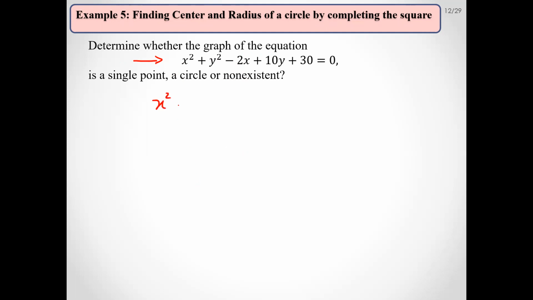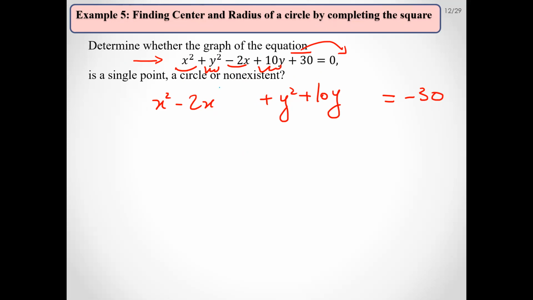إذا نشتغل عادي completing the square. We collect x's together. We collect y's together. ونودي right side, a constant the right side.